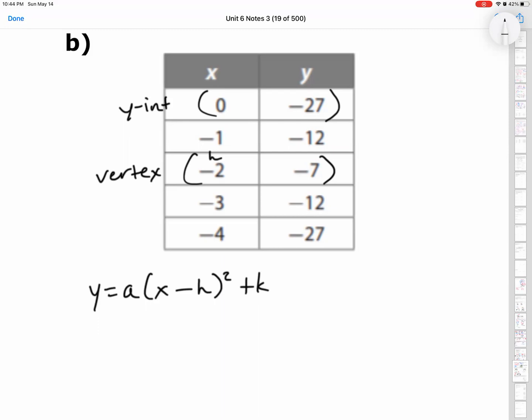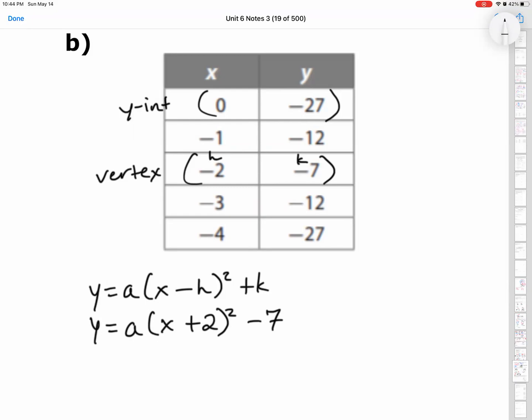And here's our h, here's our k. We know that essentially for the h value, we just take the opposite of that. So since it says -2 there, it would actually be +2. And then the k value, we just take it just as it is. So -7.